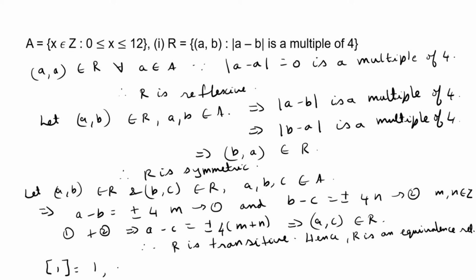Then 5: 5 − 1 is equal to 4, a multiple of 4. Then 9: 9 − 1 is equal to 8, also a multiple of 4. So all those elements related to 1 form the set {1, 5, 9}, that is, the equivalence class of 1 is equal to {1, 5, 9}. I hope this is clear.